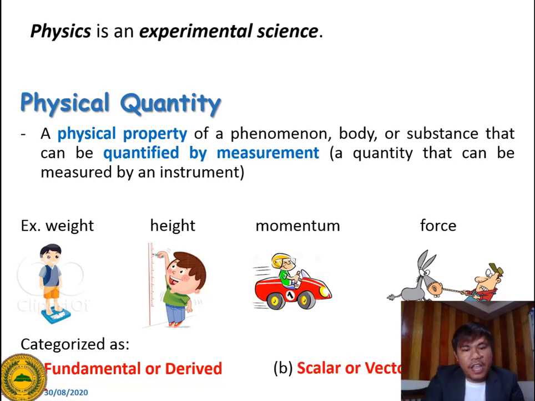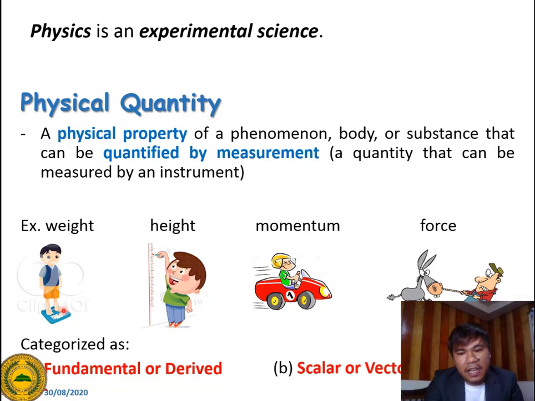A fundamental quantity is defined to be fundamental because we can define it by the way we measure it. For example, if we talk about your height or the length, we measure it using a meter stick. Another example of a fundamental quantity is your mass.